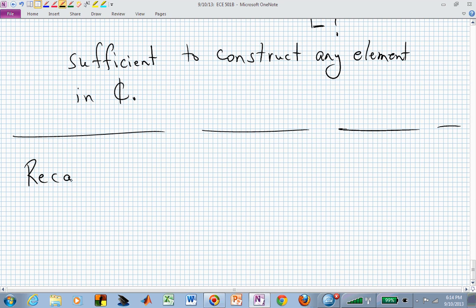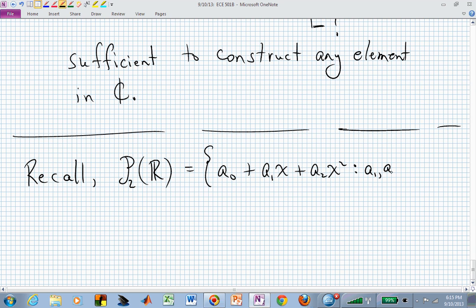Let's recall that this set of second order polynomials that have coefficients belonging to the real line, we can write as a sub 0 plus a1 x plus a sub 2 x squared, where the coefficients a sub 0, a1, and a sub 2 can take on any values in the real number line.